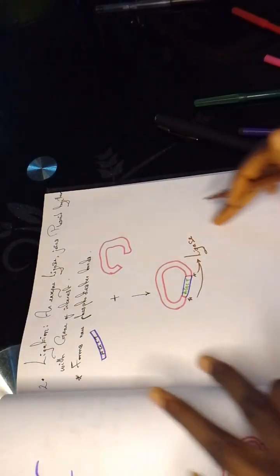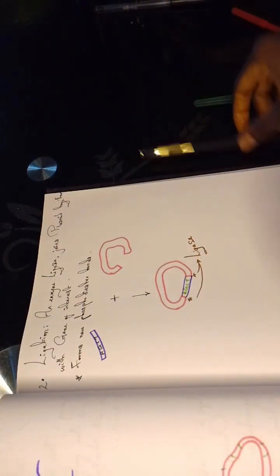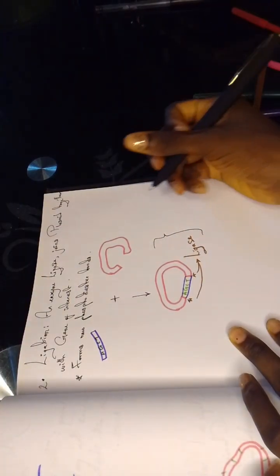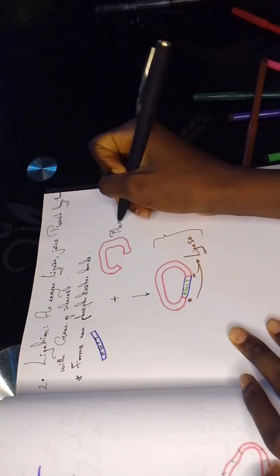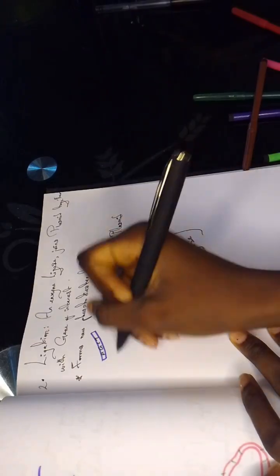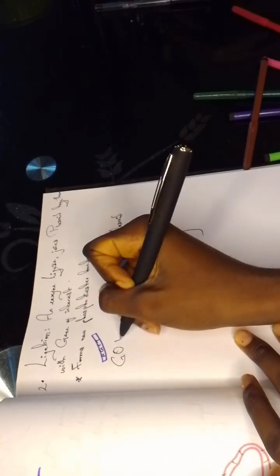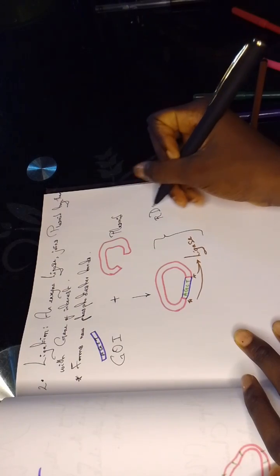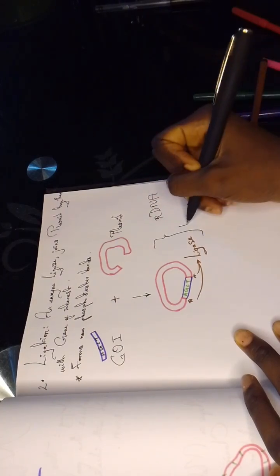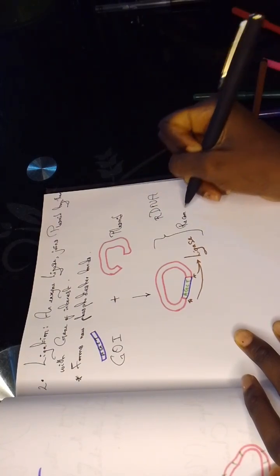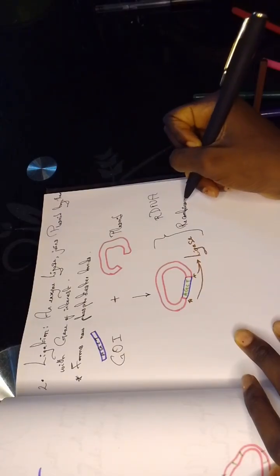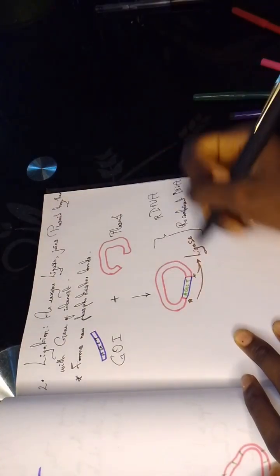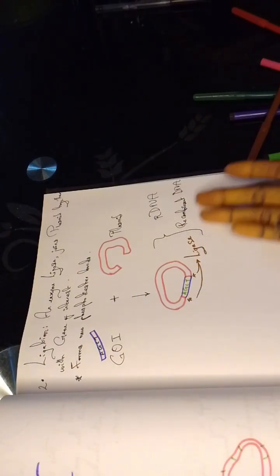Now, this structure formed at this point in time from the fusion of the plasmid and gene of interest is called the rDNA, full meaning recombinant DNA. So this structure formed is rDNA.